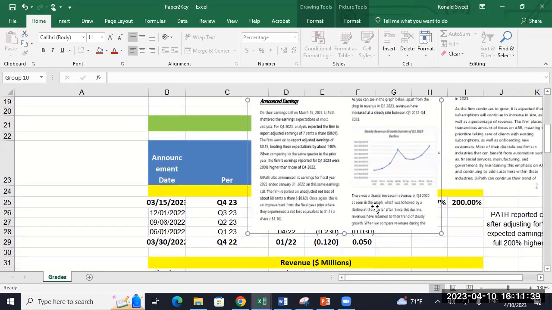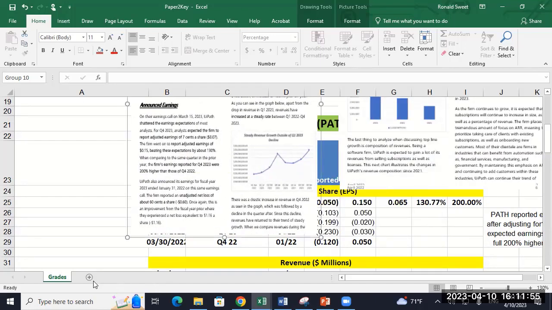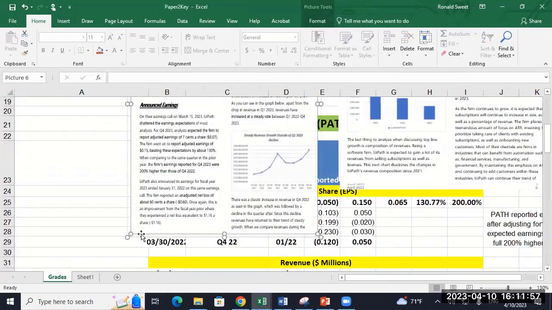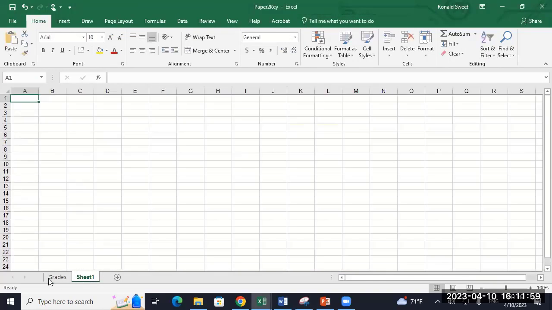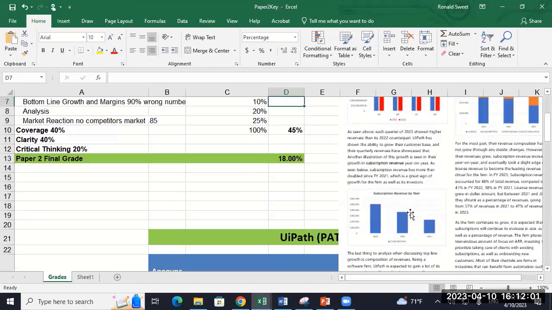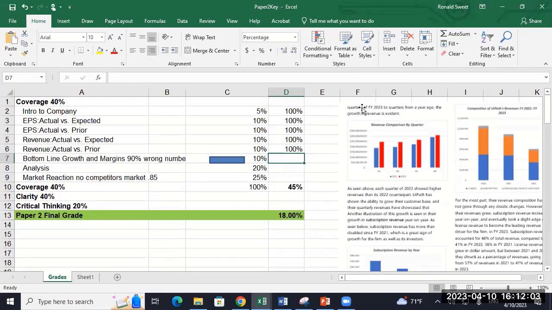There was a drastic increase in revenue in fourth quarter 2022, as seen in the graph, which was followed by a decline. Since the decline, revenues have returned to their trend of steady growth. We can compare revenue. Let's go to the second page.